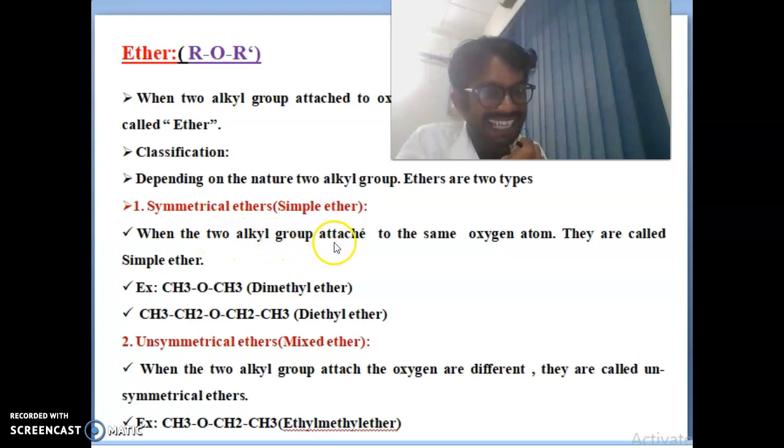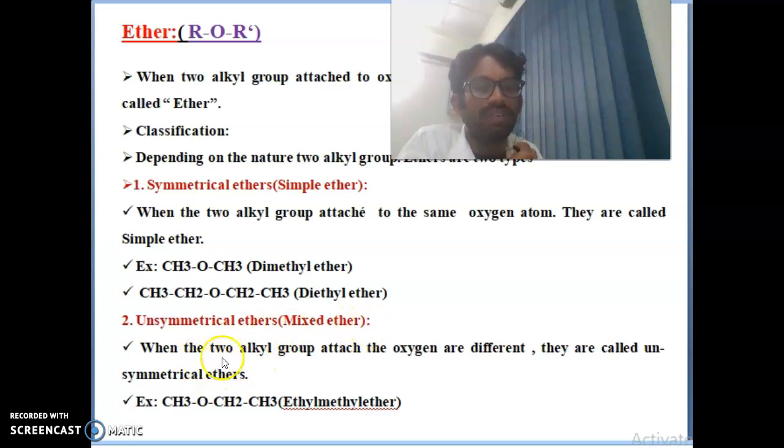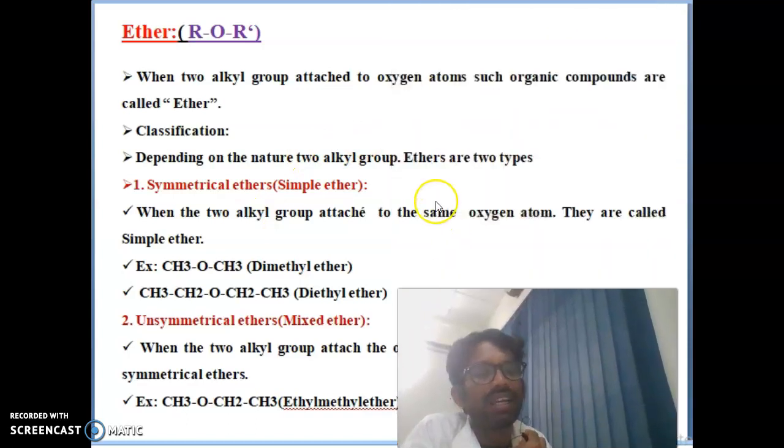When the two alkyl groups attached to the same oxygen atom are the same, they are called simple ethers: dimethyl ether, CH3OCH3, and diethyl ether, CH3CH2OCH2CH3. Next, unsymmetrical ether, called mixed ether. When the two alkyl groups attached to the oxygen are different, they are called unsymmetrical ethers: CH3OCH2CH3, ethyl methyl ether. So ethers are of 2 types depending on the alkyl groups: symmetrical and unsymmetrical, or simple and mixed ether.